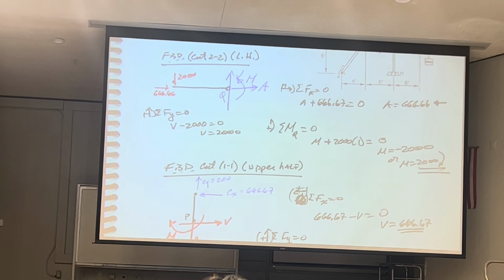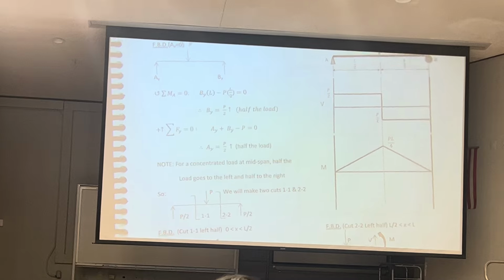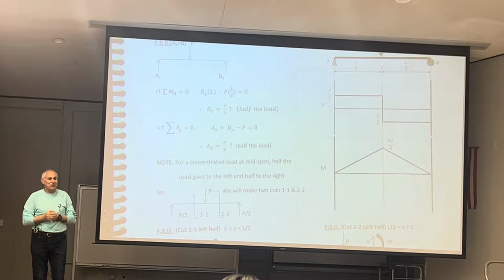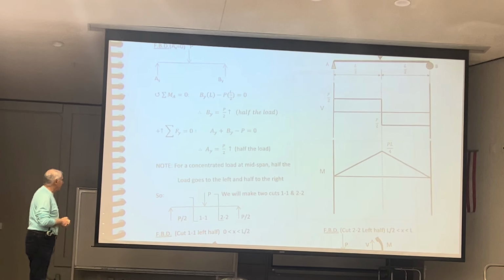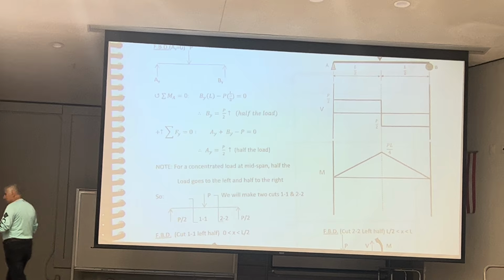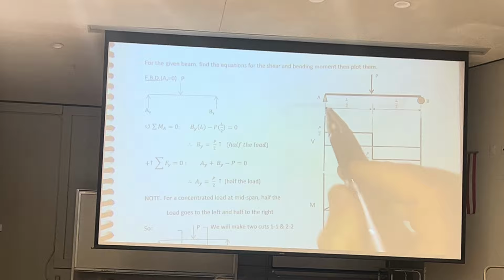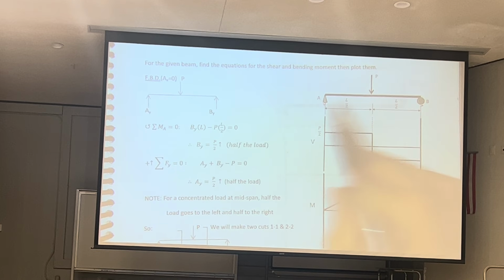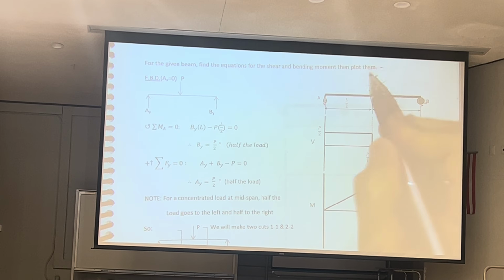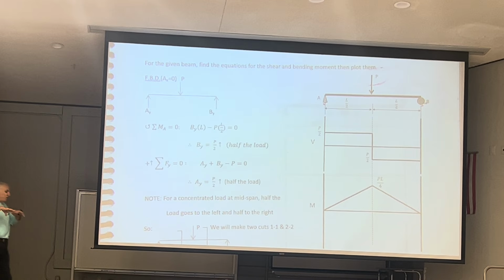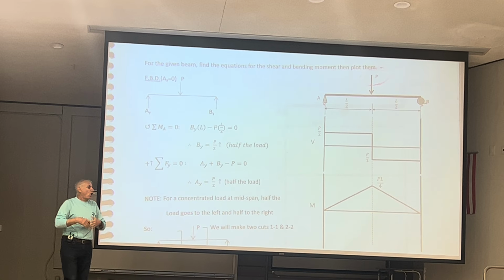Now, to that end, you will see on page 143 how we accomplish drawing and finding the equations of the shear bending. So this problem's already pre-worked out. I'm going to walk you through it. I got A and B pinned and roller, and then I got some arbitrary load P. I'm not putting a number on the load, I'm just generically going to solve this problem with an arbitrary load.